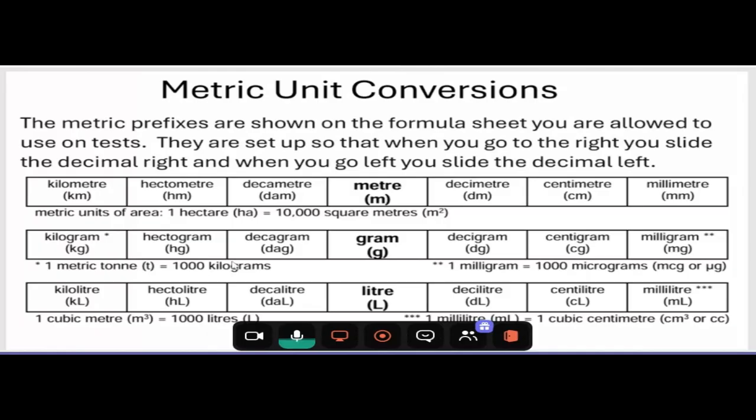And they've been very intentionally set up going from left to right. The reason for that is that the direction you go on the chart is the same direction that you move the decimal. So easy. I think I have an example.